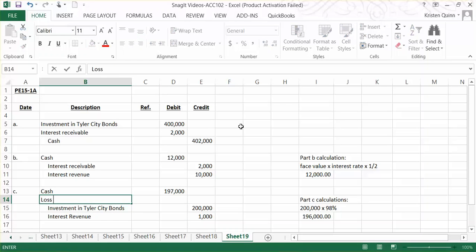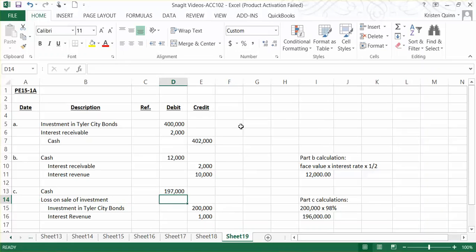So that means we have a loss on the sale of our investment for the difference between our credits and our debits. That $4,000 difference, again, we can see right here. We're selling them at $196,000 when we had purchased them for $200,000.